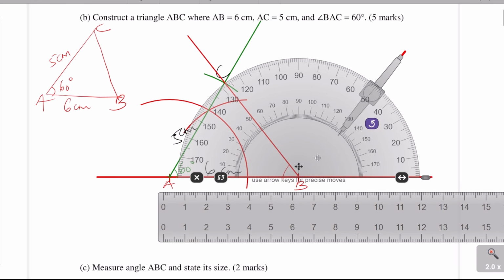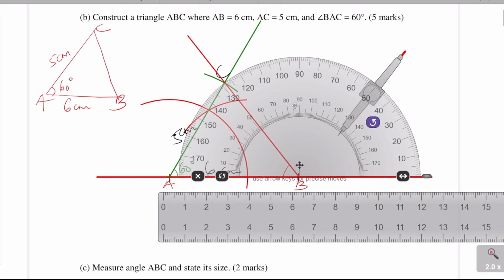So when I read this angle here, you notice that this angle ABC is 50. So you're measuring it from here. This is 10, 20, 30, 50, 51, 52, around 53 degrees.